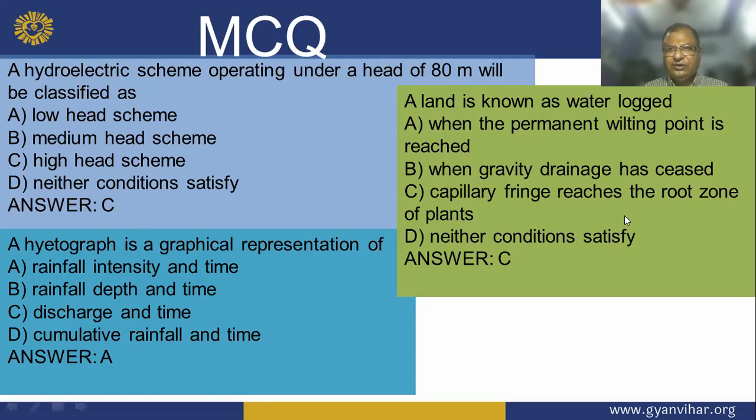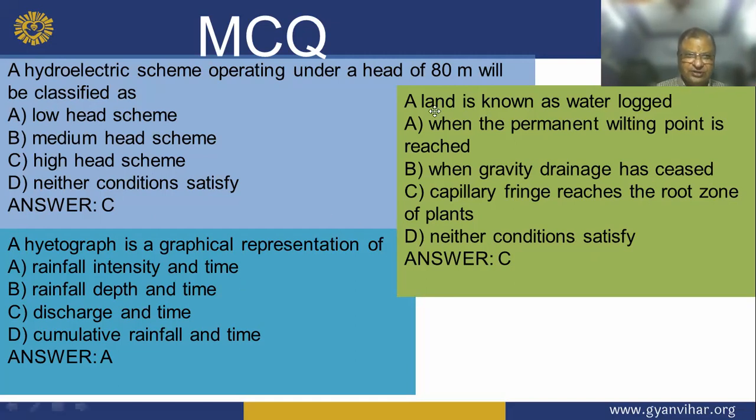And now a land is known as waterlogged when the permanent wilting point is reached. Which is the correct answer? Yes, correct answer is C, capillary fringe reaches the root zone of plants.